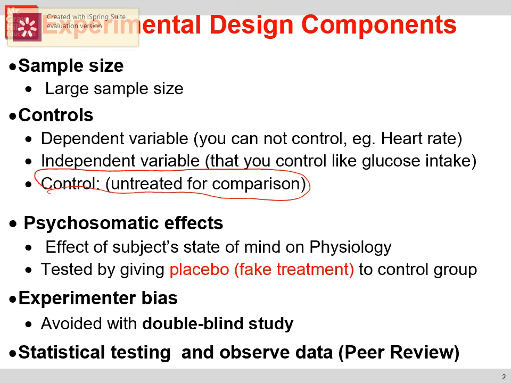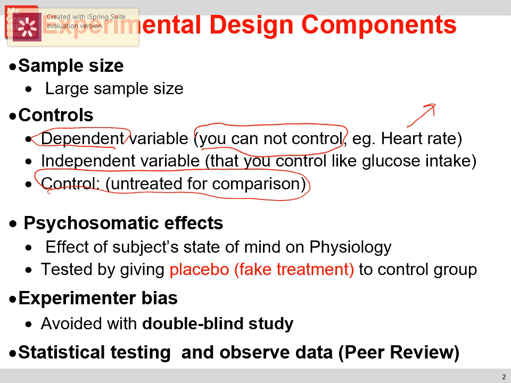And then you have a dependent variable, something that you cannot control. Let's just say that the amount of glucose affects heart rate. That's your experiment. You cannot control heart rate. So that is going to be your dependent variable, something that you cannot physically control.